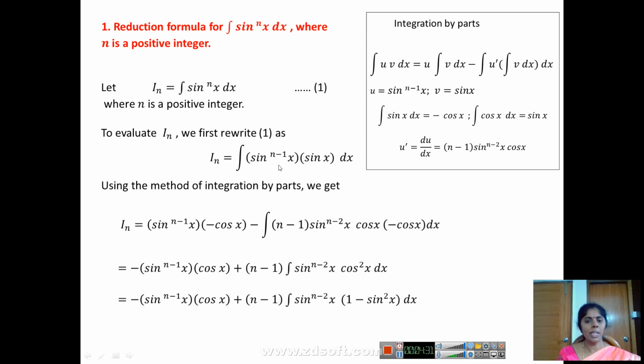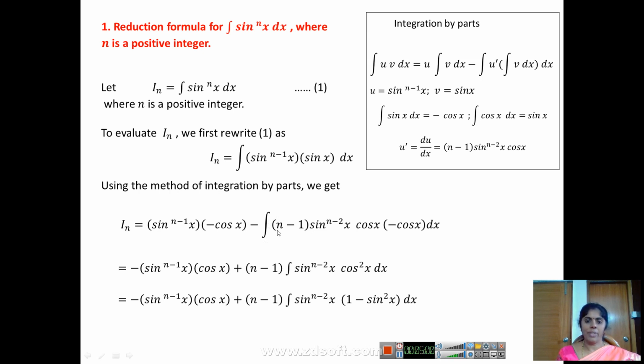In this particular term, u can be considered as sine to the power n minus 1 of x, and v can be considered as sine of x. So the first function u we rewrite as it is, sine to the power n minus 1 of x, into the integral of the second function v, that is integral of sine x, which is nothing but minus cos of x, minus integral of the derivative of the first function.